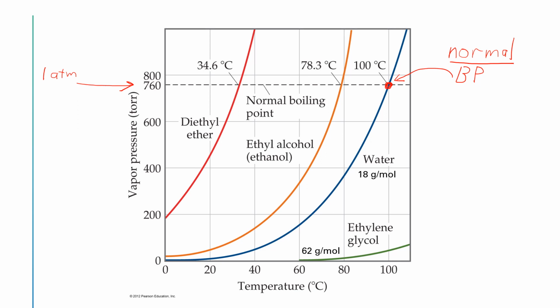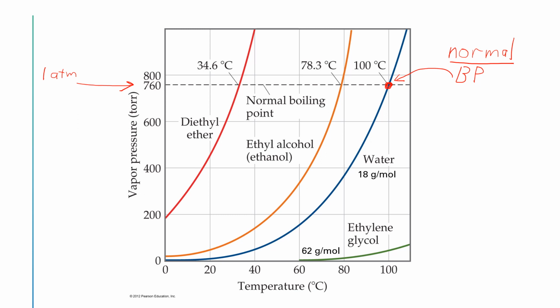So this has some interesting implications. If we follow this curve to lower vapor pressures, so for instance, let's say we drop the pressure, we're looking at when the vapor pressure of water drops down to something like 200.